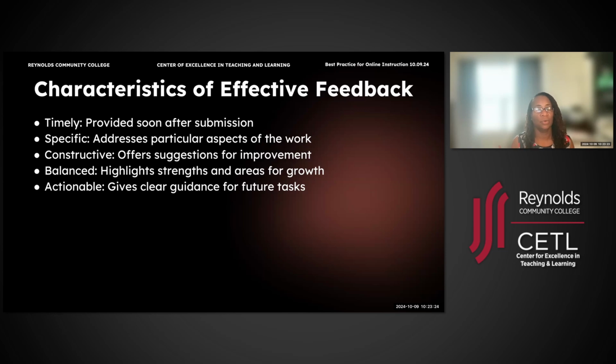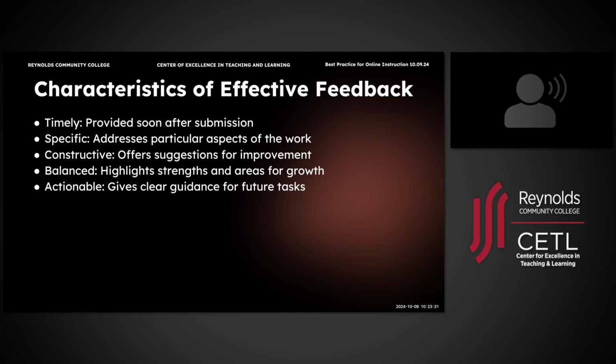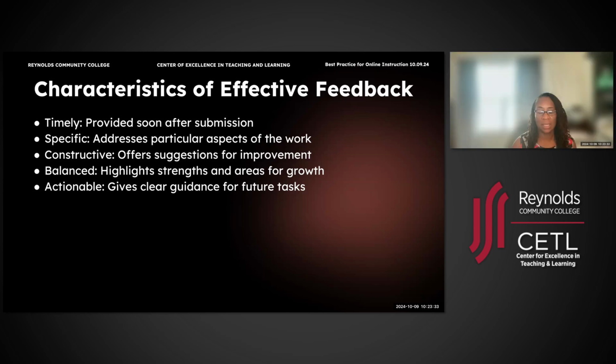For example, in my classes, we do a lot of lesson plan writing, and one of the things that I know students struggle with is writing objectives and goals for the lessons they are creating for the children they're going to be working with. If they did it great, I say, great job. I notice you have all three parts to your learning objectives: the condition of performance, the behavior, and the level of performance.